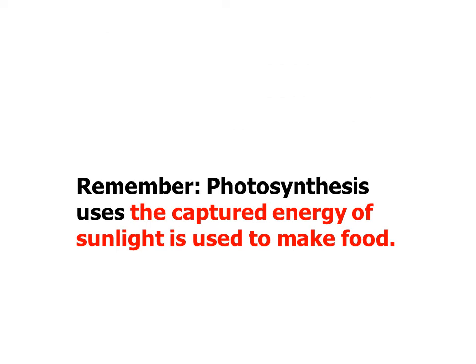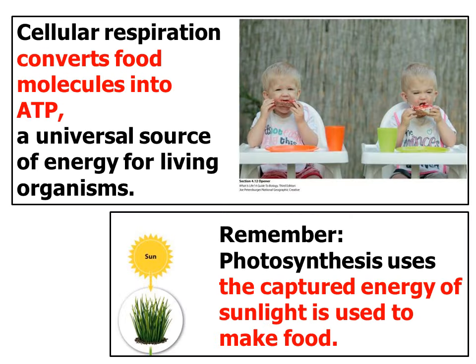Okay, so here is a summary of that. Alright, remember, photosynthesis uses the captured energy of sunlight to make its food. But then cellular respiration will convert food molecules into ATP. Alright, so notice you need to know the differences between respiration and photosynthesis and how they work together.